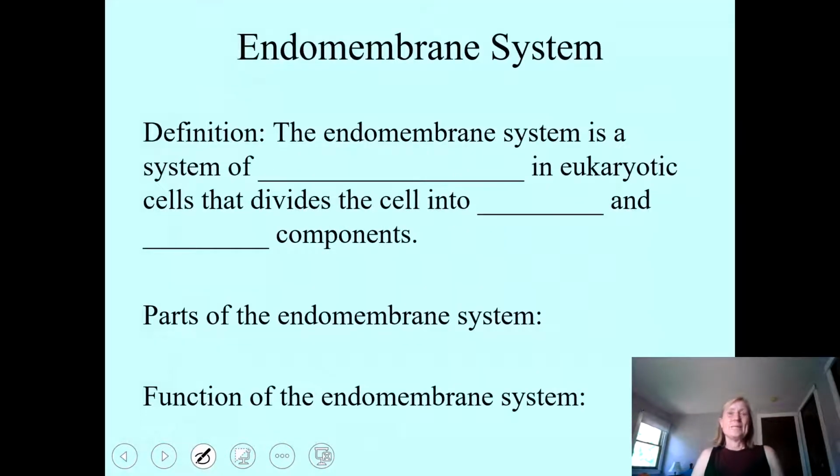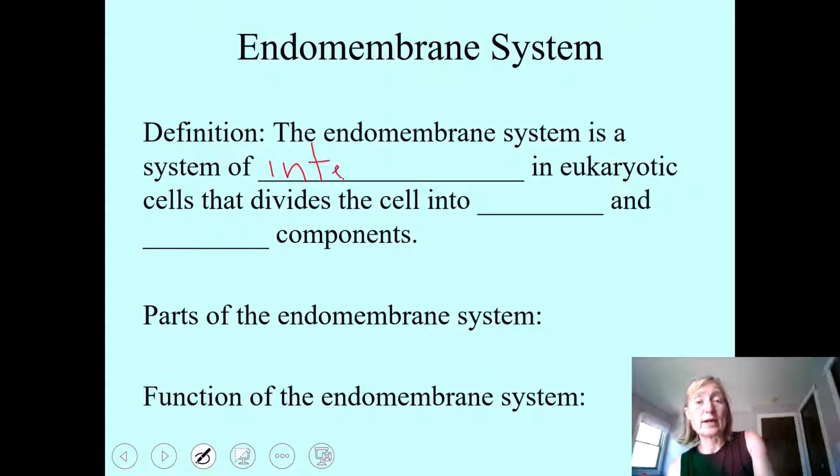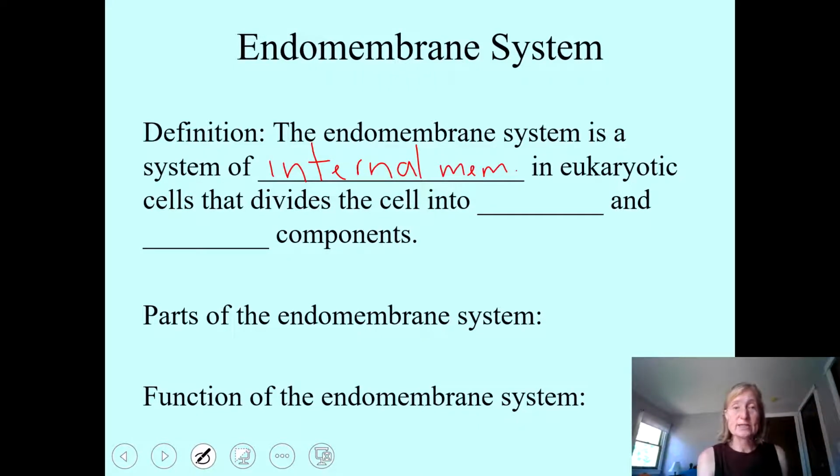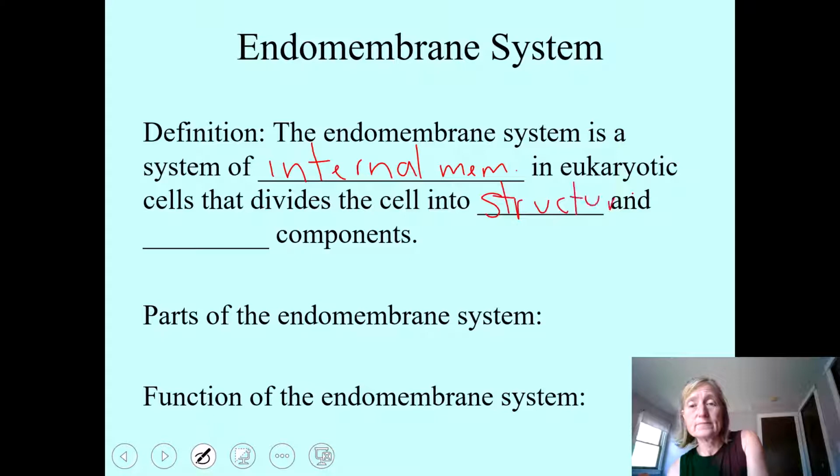Okay. Many of the membrane-bound organelles are a part of the endomembrane system. We consider the endomembrane system a system of internal membranes that are found in eukaryotic cells that help to divide the cell into structural and functional components.